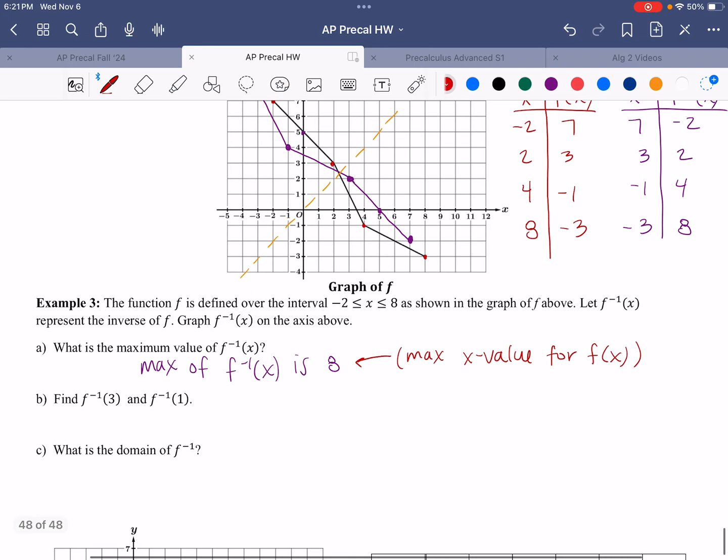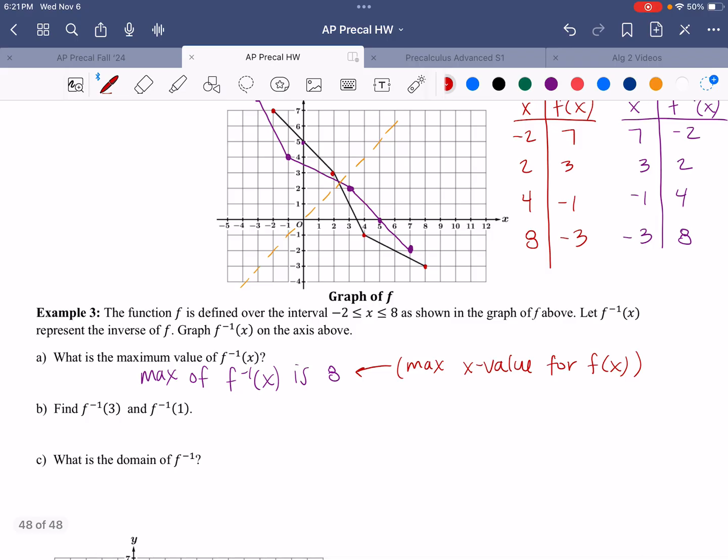It wants us to evaluate at two different inputs. So we're looking at the inverse. Our input is 3. That's one that's in our table and graph. It equals 2. If my input is 1, we'll see. My graph says 1, 3. Graphically, that's what I see.